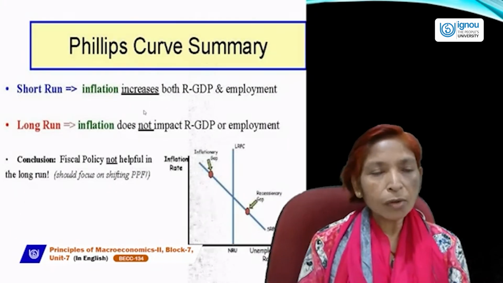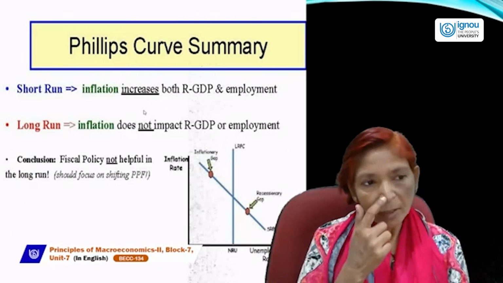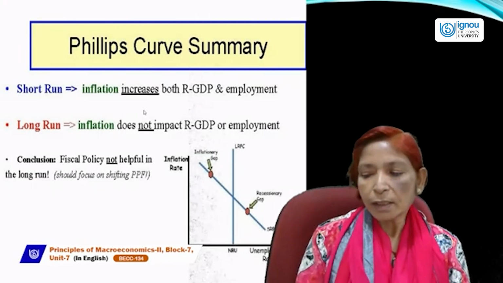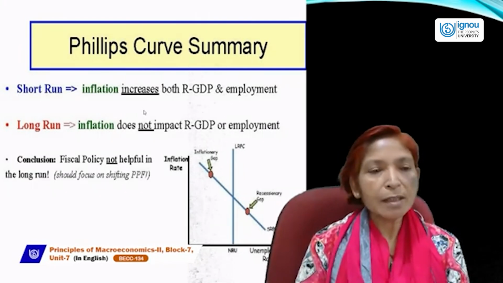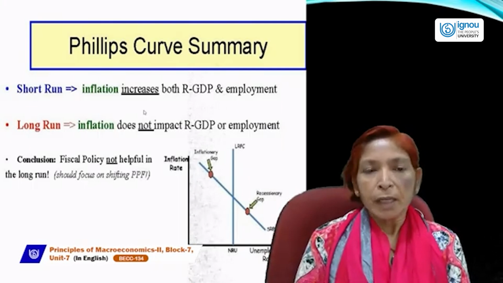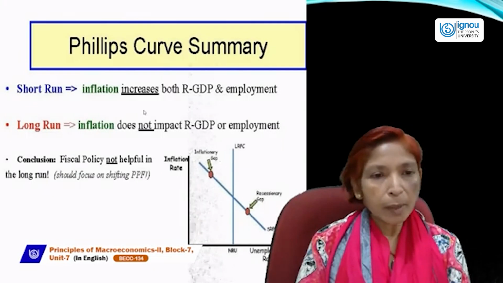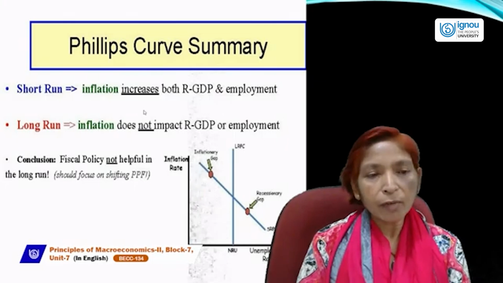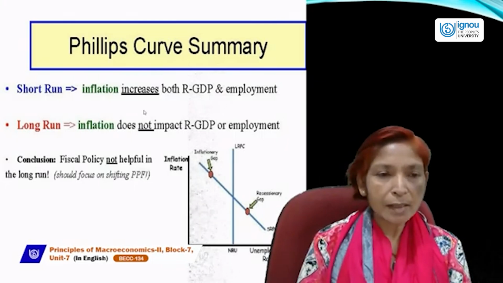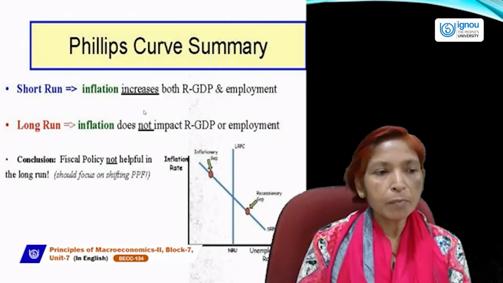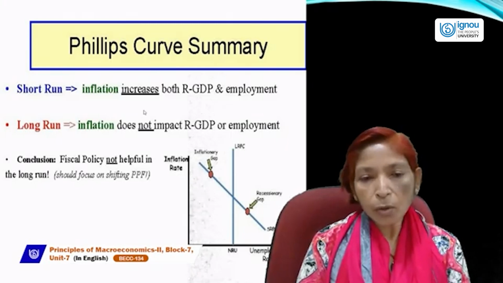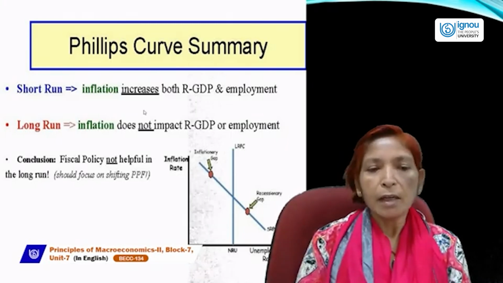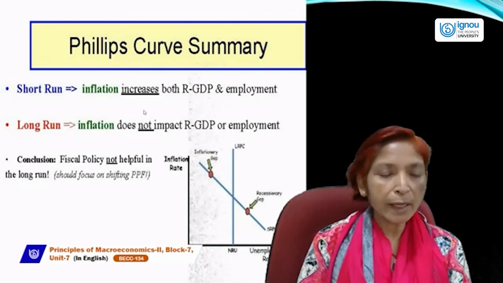Next, we can conclude from this theory what the Phillips curve is. The Phillips curve shows the inverse relationship between inflation and unemployment, and Phillips showed that this negative or inverse relation always exists only in the short run, but in the long run there will be no trade-off between unemployment and inflation rate.